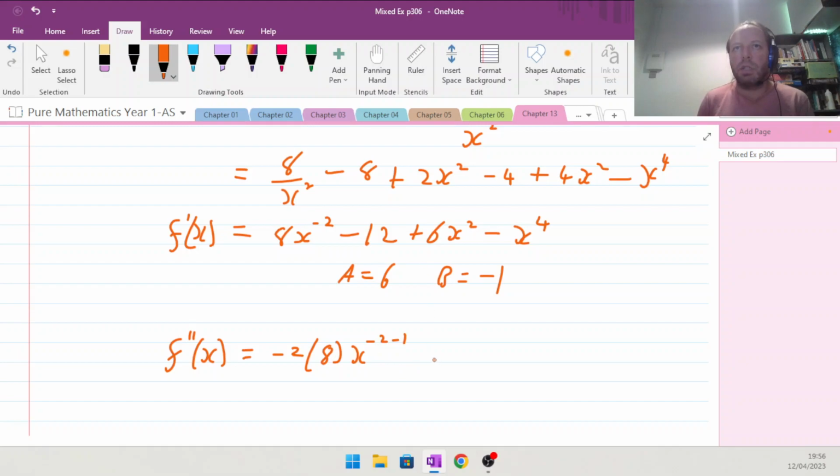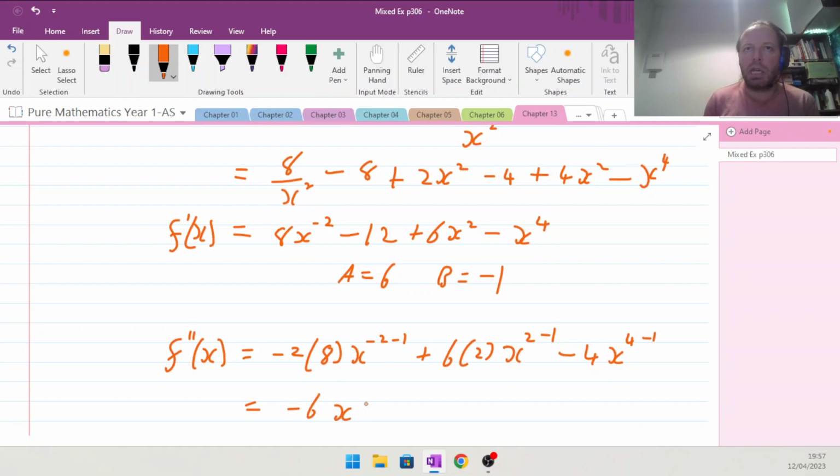The minus 12 disappears, plus 6 times 2 multiplied by the old power, x to the 2 minus 1, minus 4x, 4 minus 1. Okay, so minus 16x to the minus 3, plus 12x, 2 minus 1 is 1, so just x, minus 4x cubed.